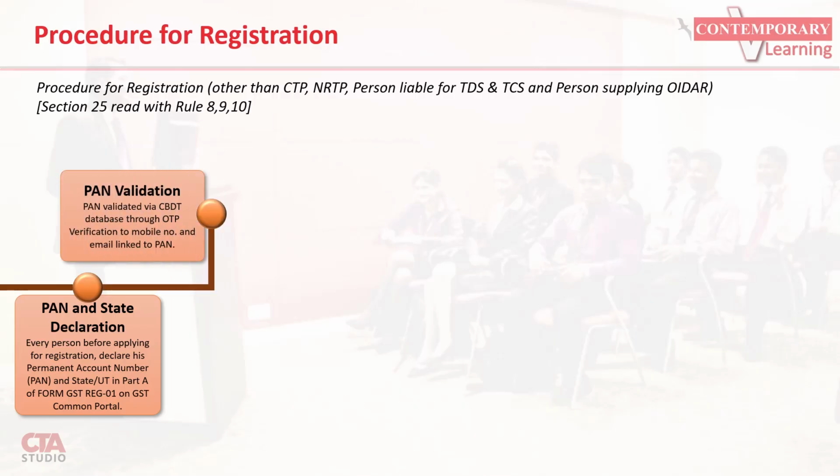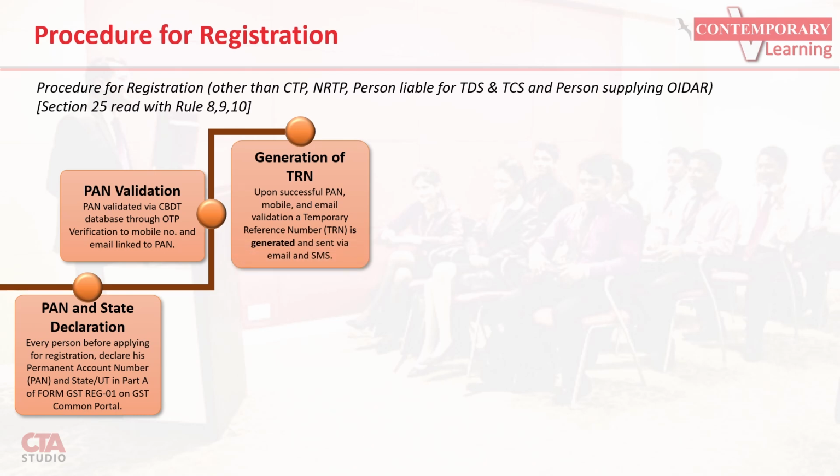The PAN is validated via the CBDT database through OTP verification sent to the mobile number and email linked to the PAN. This ensures that only legitimate PANs are used. Generation of TRN. Upon successful PAN, mobile, and email validation, a temporary reference number (TRN) is generated and sent via email and SMS. This TRN is crucial for the next steps.